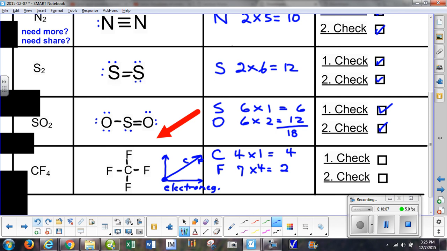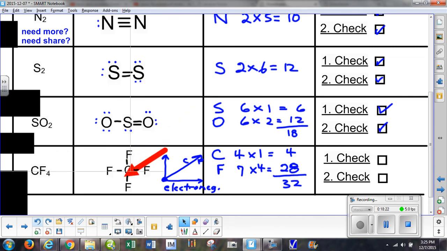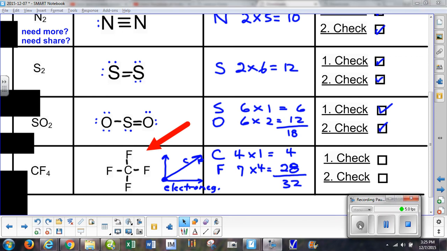So we have 28 electrons from fluorine, and that gives us a total of 32. Now I have how many electrons in the structure right now? 2, 4, 6, 8. I subtract the 8 from 32, and that gives me a total of 24 electrons. And that's how many I'm going to put out.